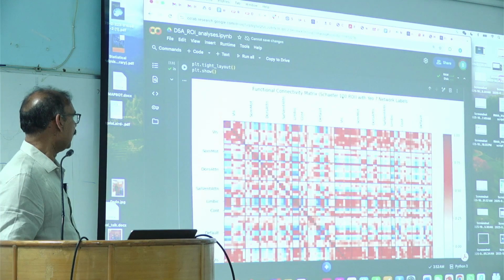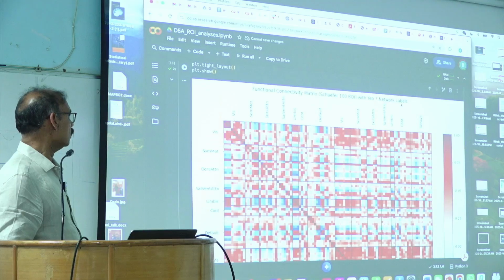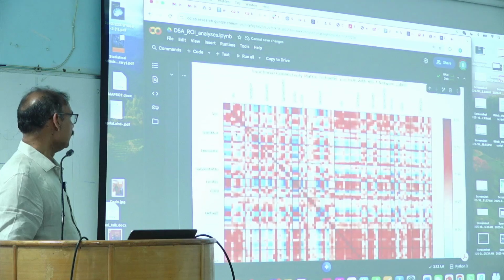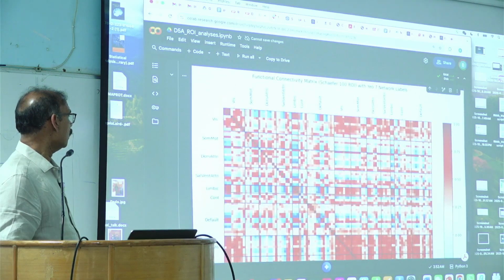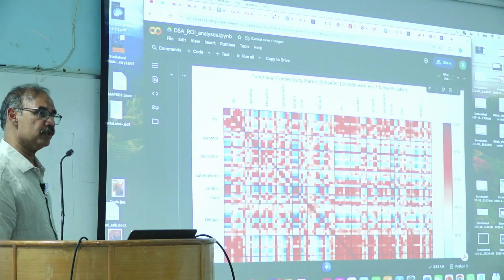So this one has Schaefer 100 ROIs, displayed using the Yeo 7 networks, right? This way you can find how there is connection between the different visual regions.